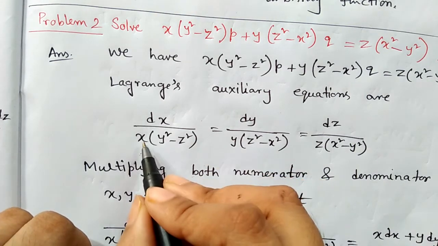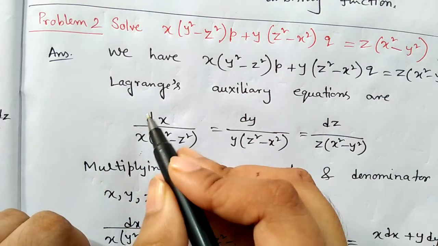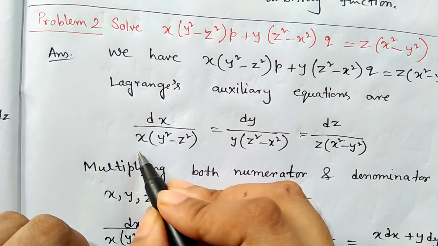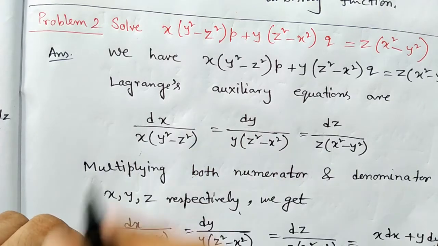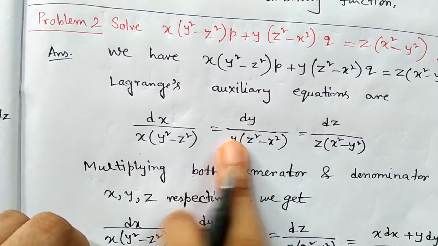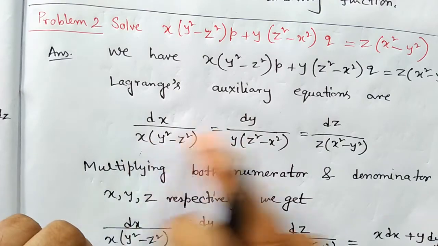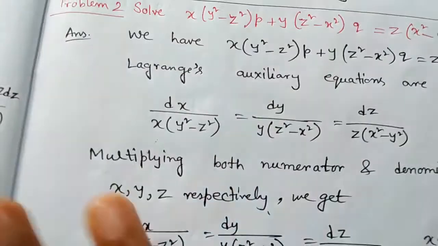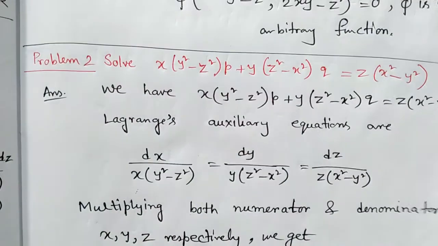So we have to multiply both numerator and denominator by 1 by x, 1 by y and 1 by z, so that x, y, z can be eliminated. So let's do.